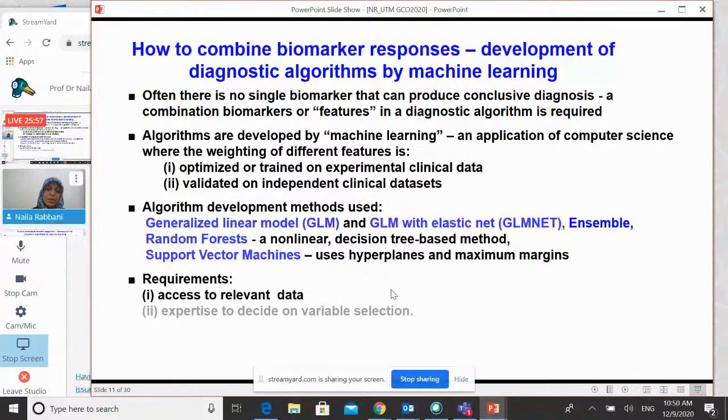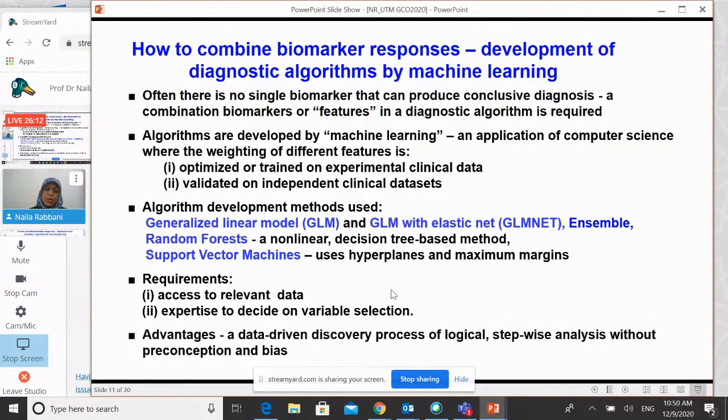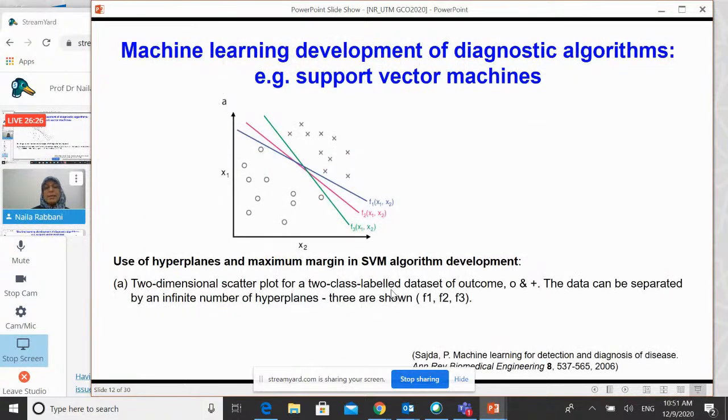To use these algorithms, we need access to relevant data and expertise to decide on variable selection, which is very important. The advantage of diagnosis using an algorithm is that it is a data-driven discovery process of logical stepwise analysis without preconception and bias.